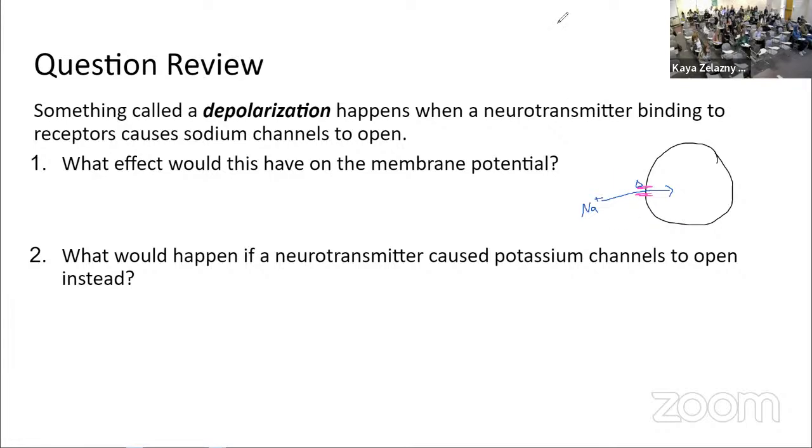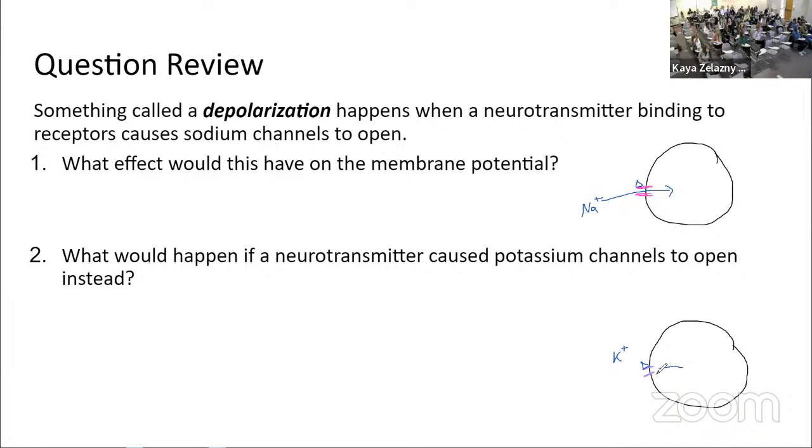We can also think about the reverse here. Same deal, we're going to have a cell. We're going to have a channel that was closed, but gets opened when some sort of neurotransmitter binds onto it. So probably a different neurotransmitter, but we're still going to draw it as a blue triangle. But this time we're interested in potassium. Take a second, think about what direction potassium moves here.